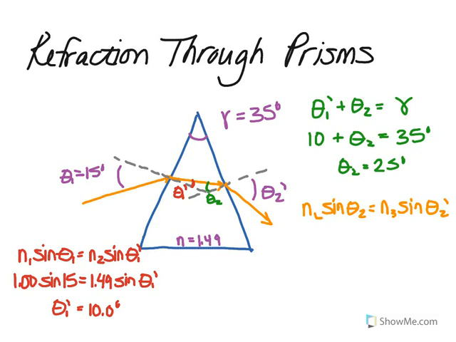Our N2 is inside the prism, 1.49, times the sine of 25. The N3 is back to the air, so 1 times the sine of theta 2 prime we're trying to find. And here you could solve for theta 2 prime, and you would find that it is 39 degrees.